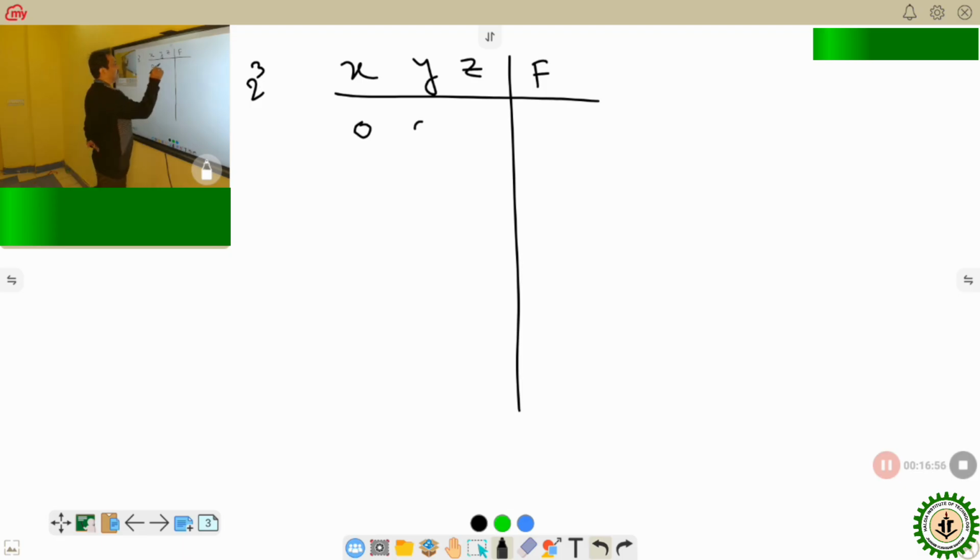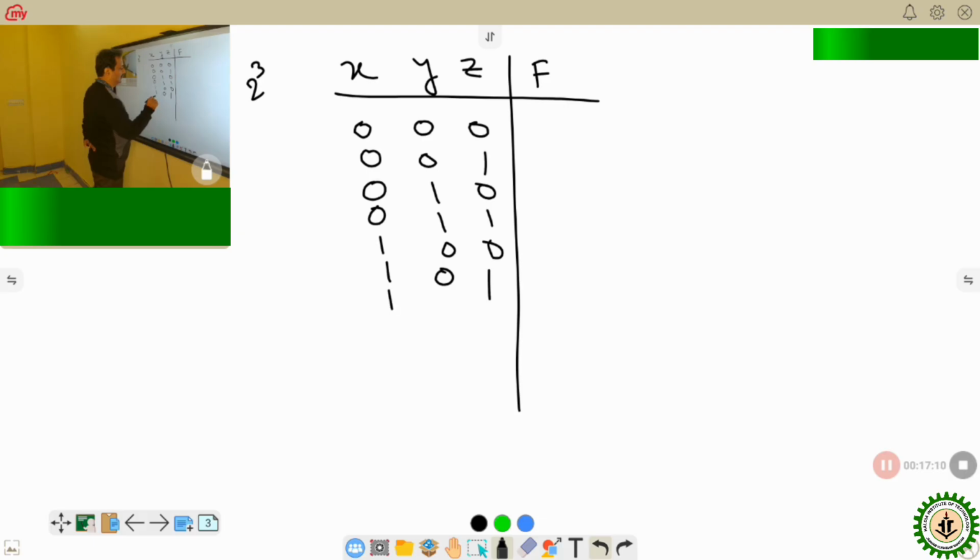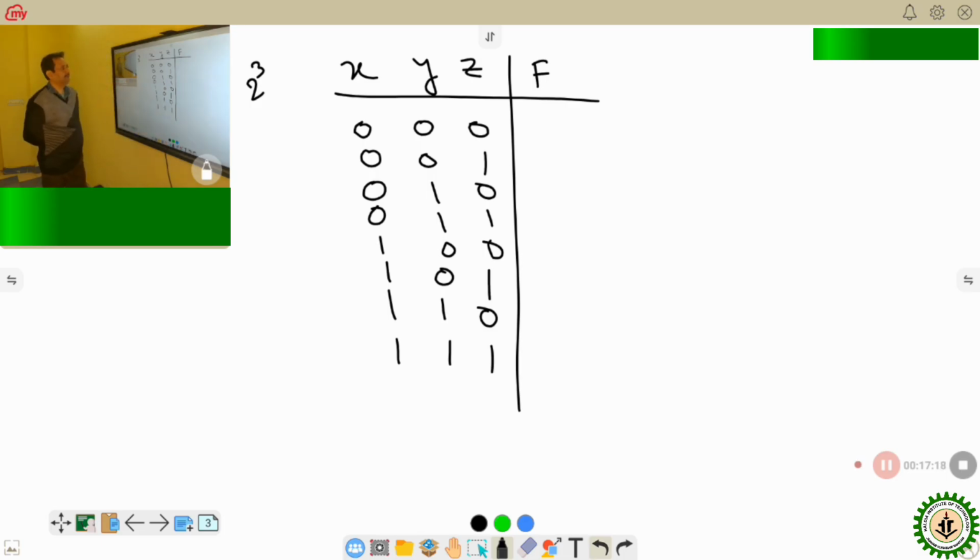And it will start from 0 0 0, 0 0 1, 0 1 0, 0 1 1, and 1 0 0, 1 0 1, 1 1 0, and 1 1 1. The 8 possible combinations are there.